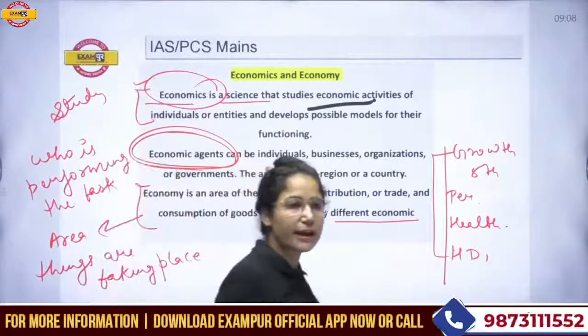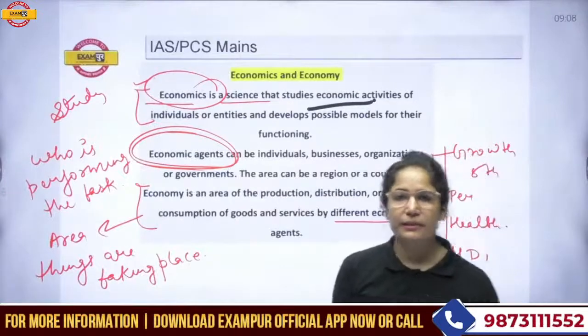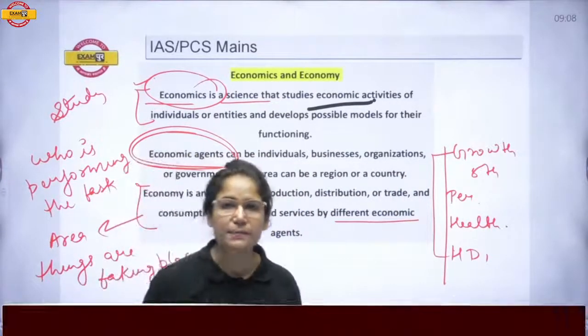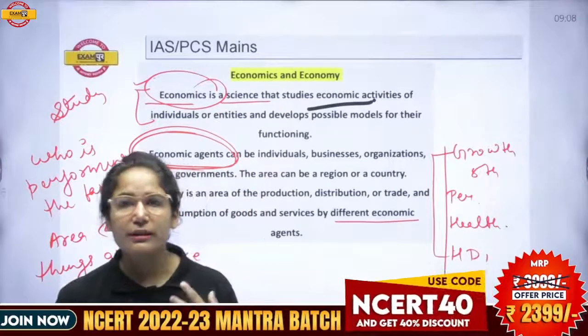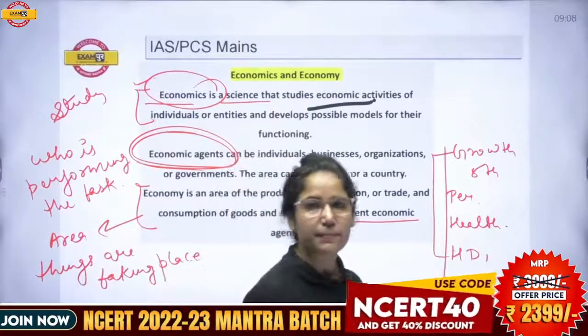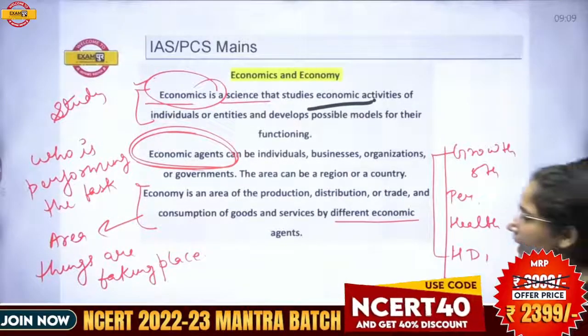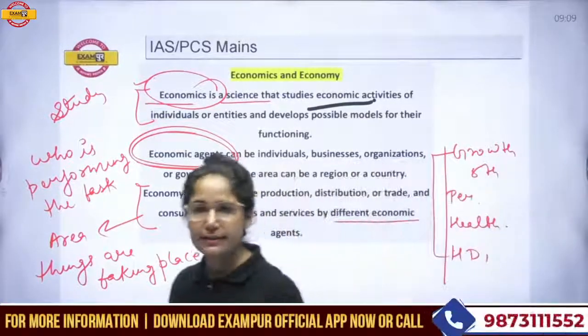Economics is going to make the balance in the system: how many resources are available, how the things are going in perspective, and how the demand is running as per the given supply. Okay, or economic agents, who is performing the task.